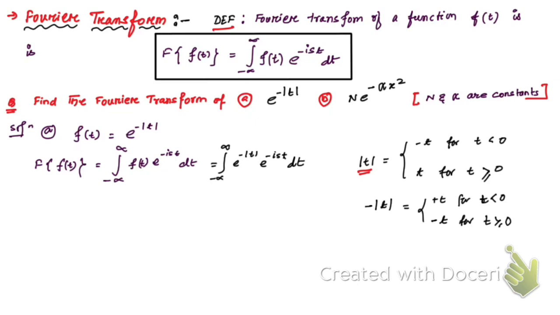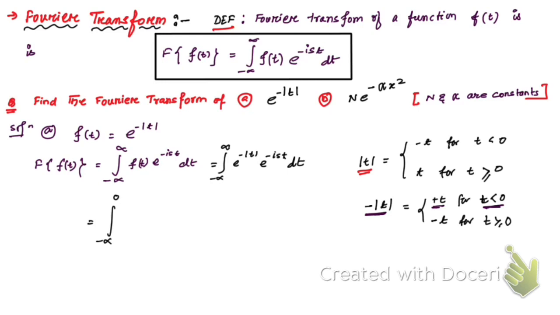If that is the case, then here 0 is the boundary point, so we integrate from minus infinity to 0. For t less than 0, minus mod t is equal to plus t.